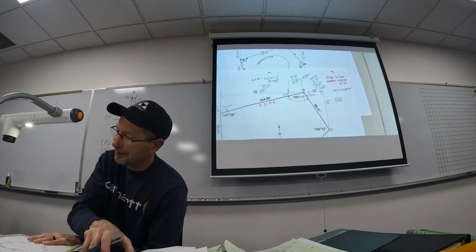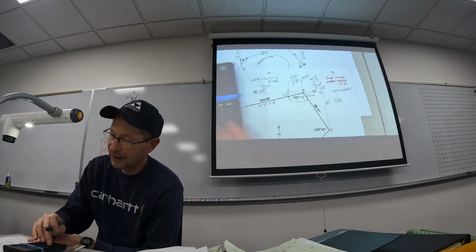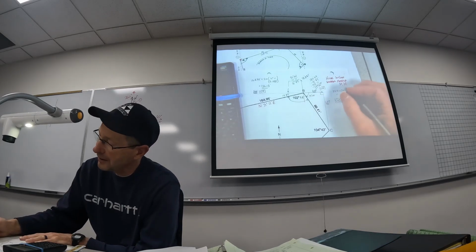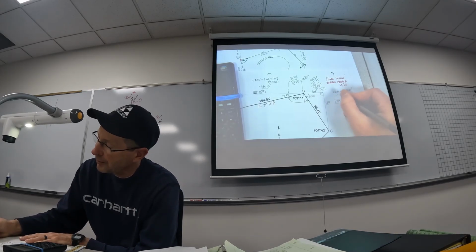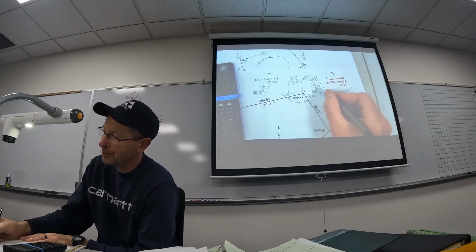Do we have any numbers for the departure using the sine function? 59 sine times 88.41. 75.78 feet. So that's going to be the departure going down the runway.